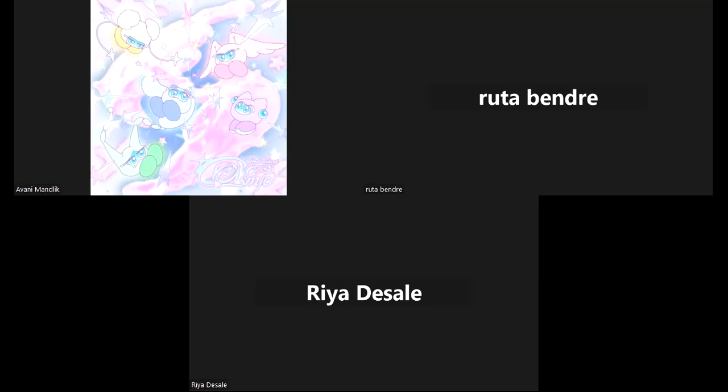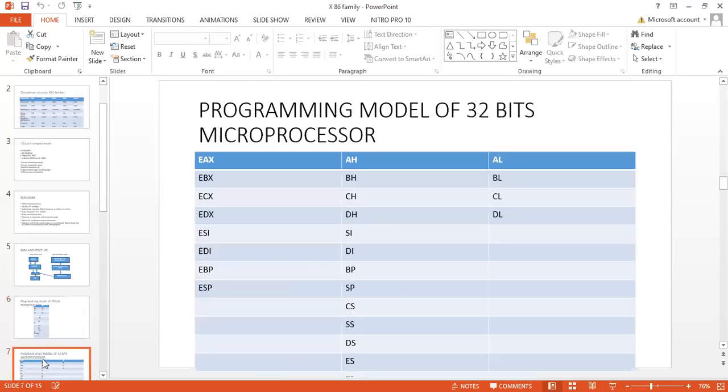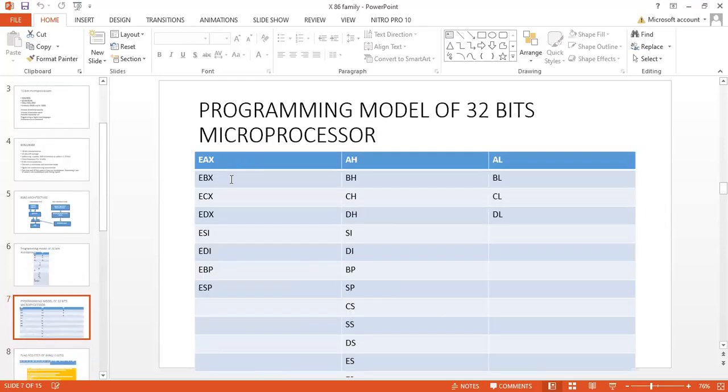Okay. So the 32-bit microprocessor programming model is a similar programming model. The only thing is now you have the extended AX, extended BX, so that is the only thing which is different. Up to the pointers, you have the 32-bit microprocessor.